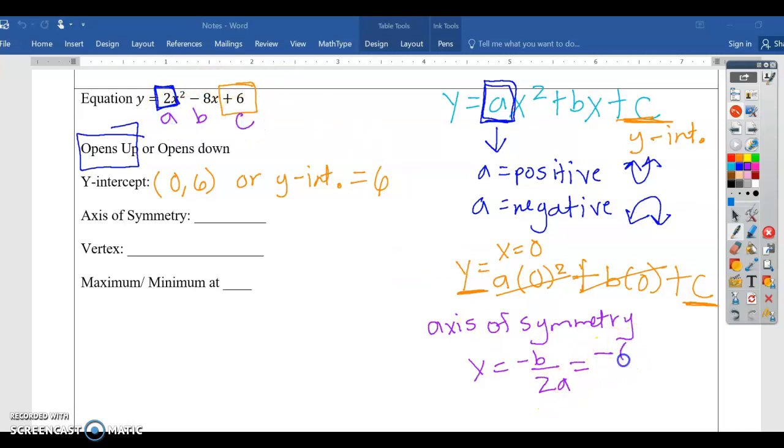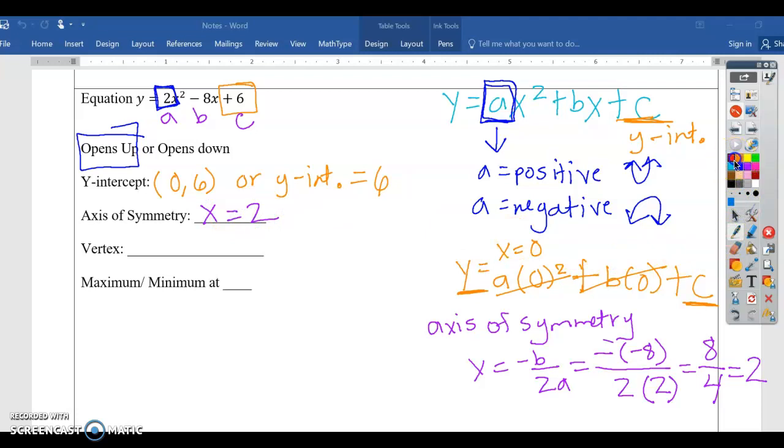So b is negative 8, so negative of negative 8, over 2 times a, and a is 2. Okay, a negative times a negative makes it a positive. So that's a positive 8 on the numerator on top. 2 times 2 is 4, so that's a 4 in the denominator. 8 divided by 4 is 2. So that means my axis of symmetry is at 2.